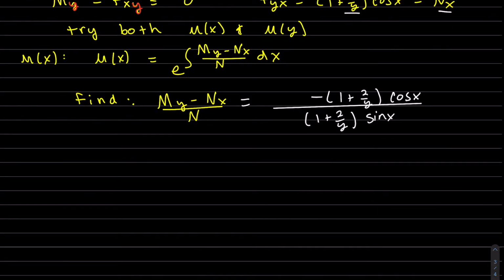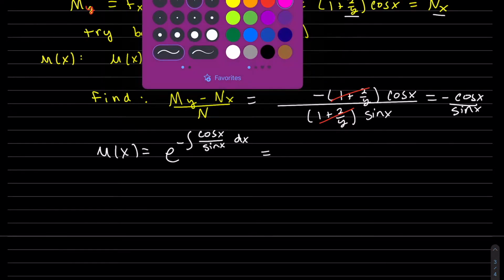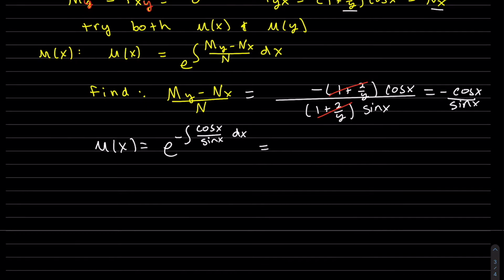And it looks like that cancels with that. And so mu of x, it looks like we'll have to do a u sub, since we can use u because this is mu, but we can use w too.